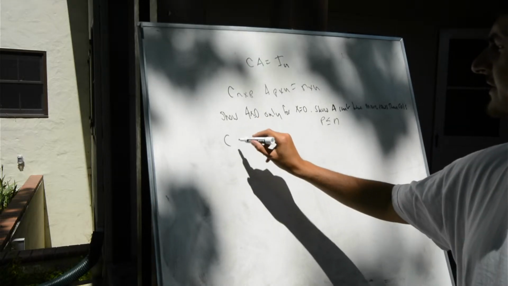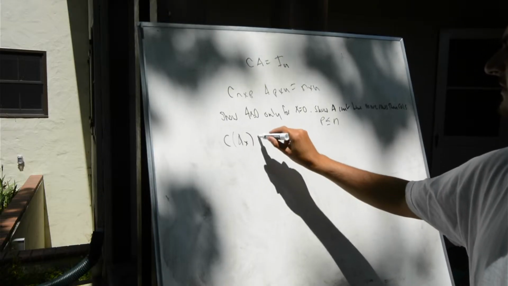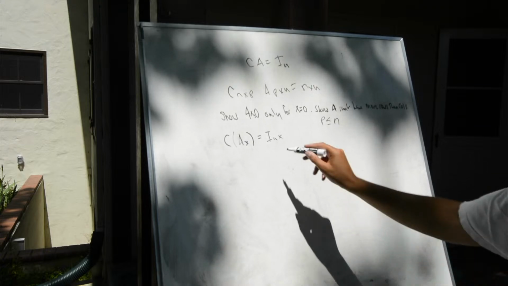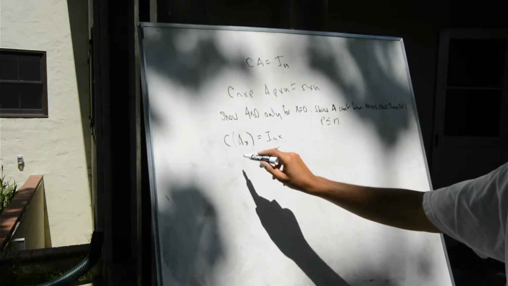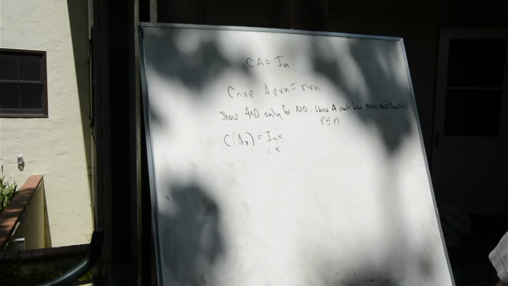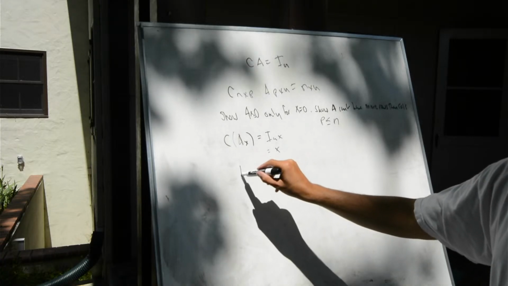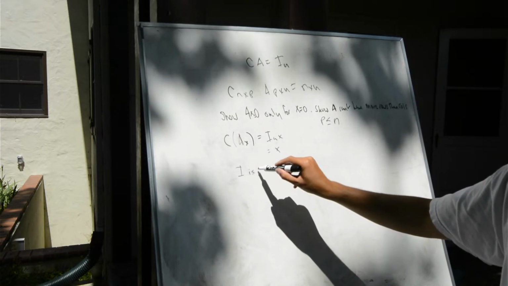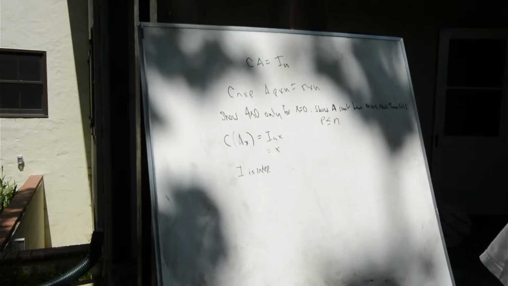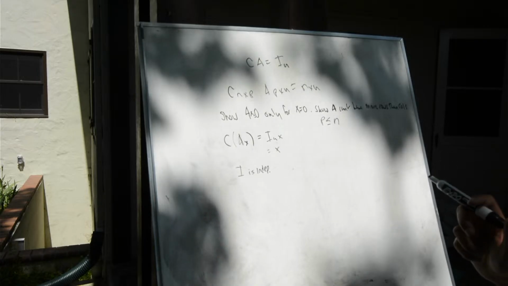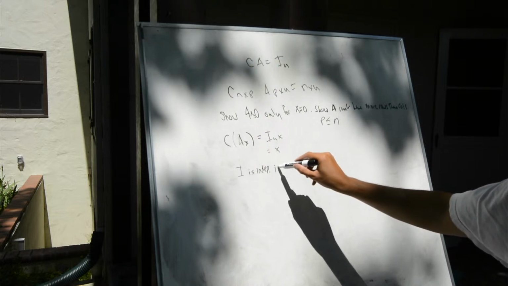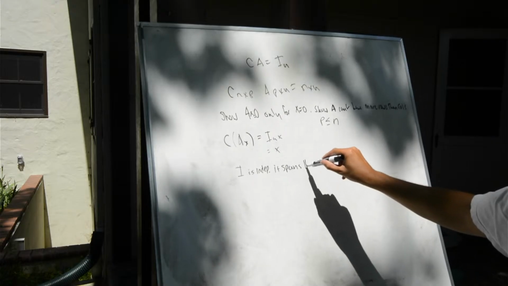If we did CAX, that is equal to I_N X, which is going to be equal to X. So I is independent, and since I is independent, it spans R^N.